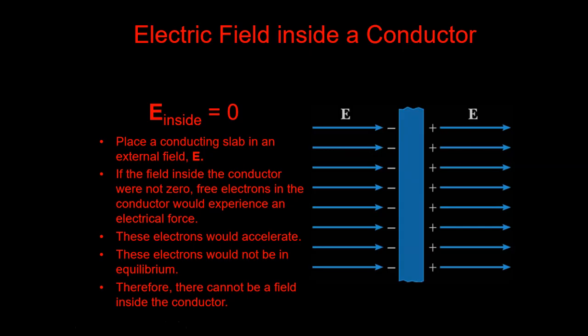The electric field will have the result of polarizing the system and creating negative charge on one side and a net positive charge on the other. If we put any conducting slab in an external electric field and the field inside the conductor were not zero, then the free electrons in the conductor would feel a force and end up accelerating around. Those electrons essentially would be moved by the electric field.